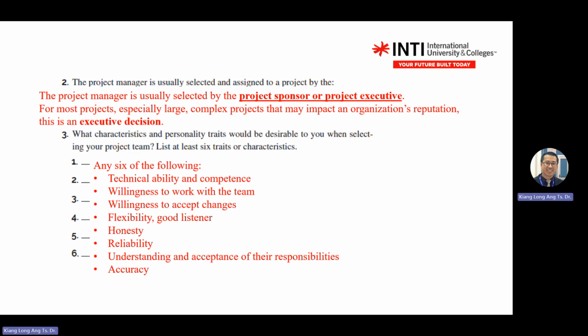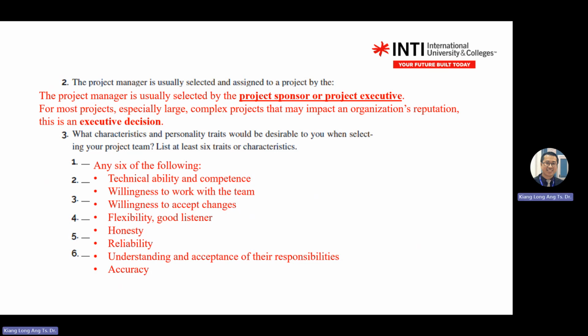Why must technical be good? When you choose a good technical group, functional managers normally don't have an issue, because they spend lots of money buying the machine, and your team are the experts using that machine, for example.